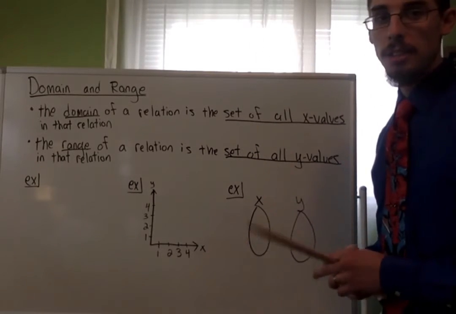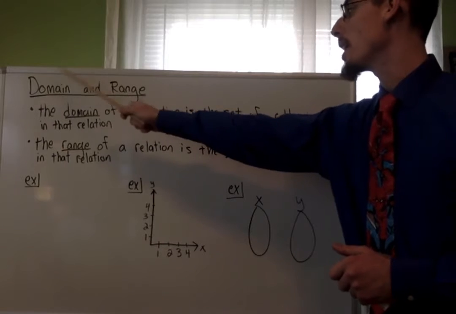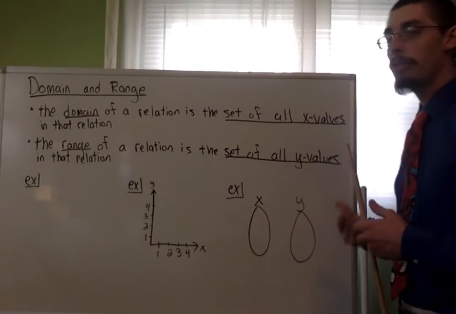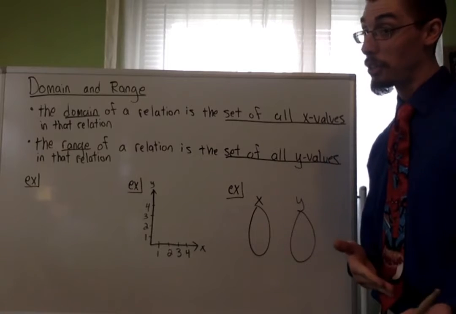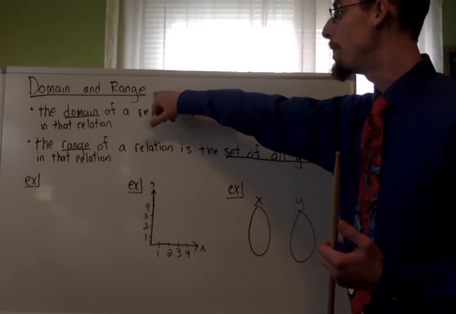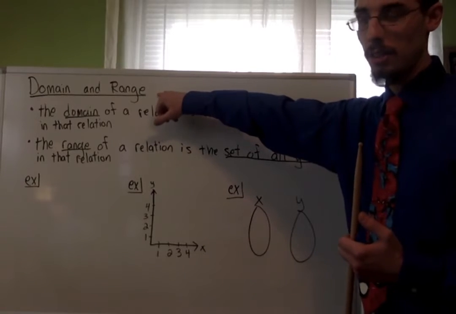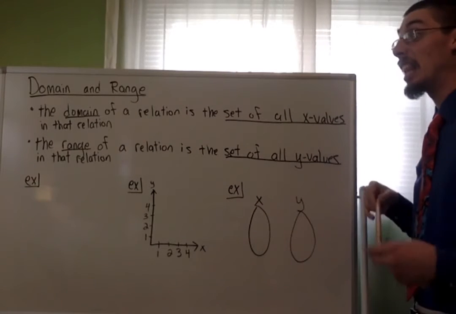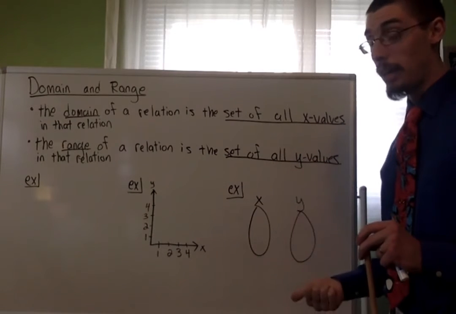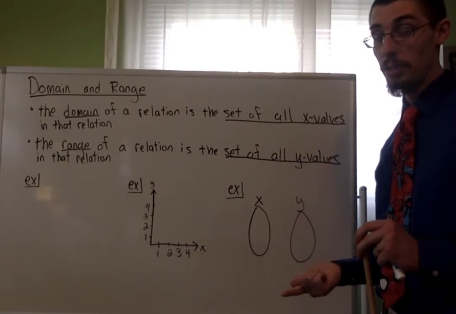And that is the concept of domain and range. Whenever you talk about a relation or a function, this concept, domain and range, is a heavy hitter. This is something you're going to see a lot of in future math classes, especially Algebra 2, elementary functions.